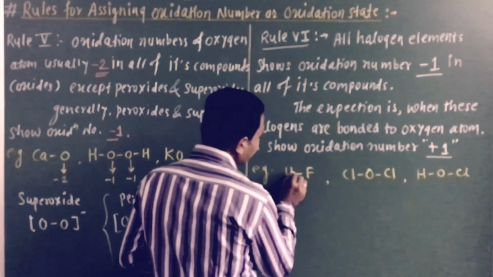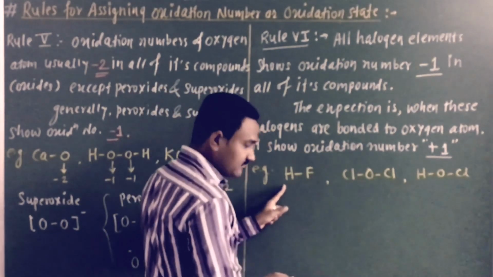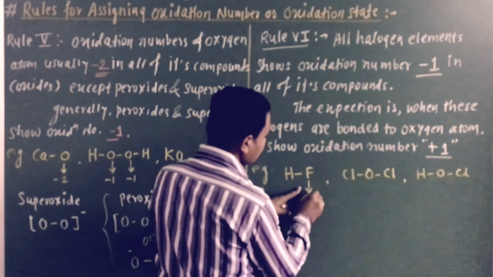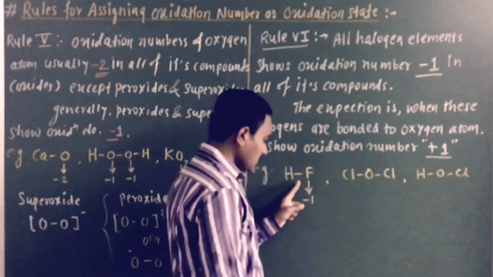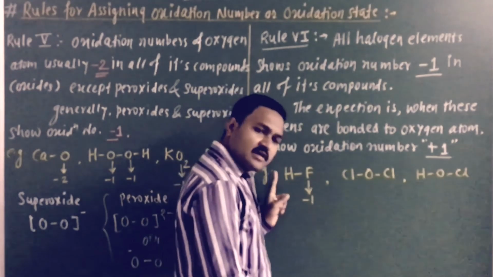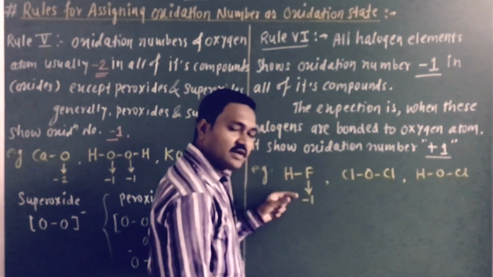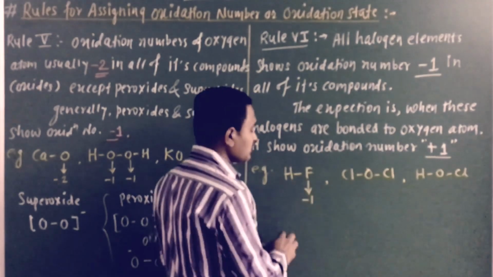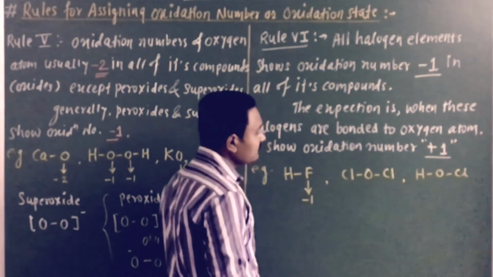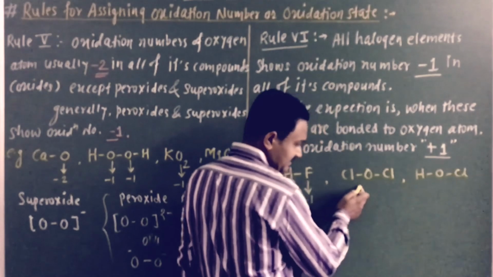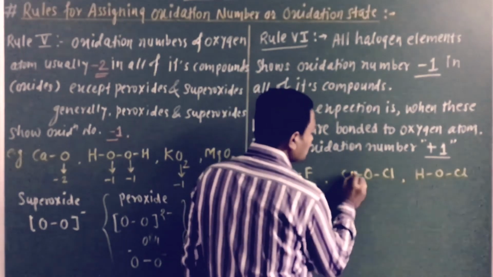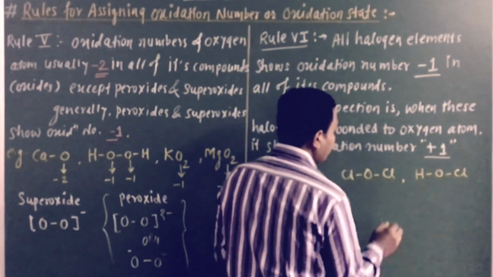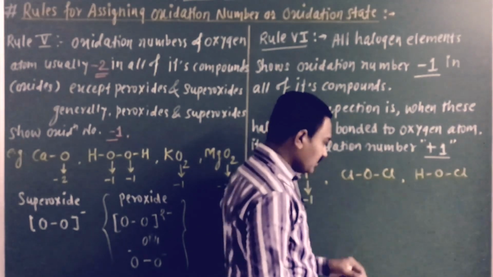We know that in all other compounds, halogen shows the oxidation number -1, okay. So here you can take the KBr example also, you can take any example, but here as fluorine is attached with the hydrogen atom, its oxidation number will be -1. Now in the next example, here the two chlorines are bonded with the oxygen atom, okay.